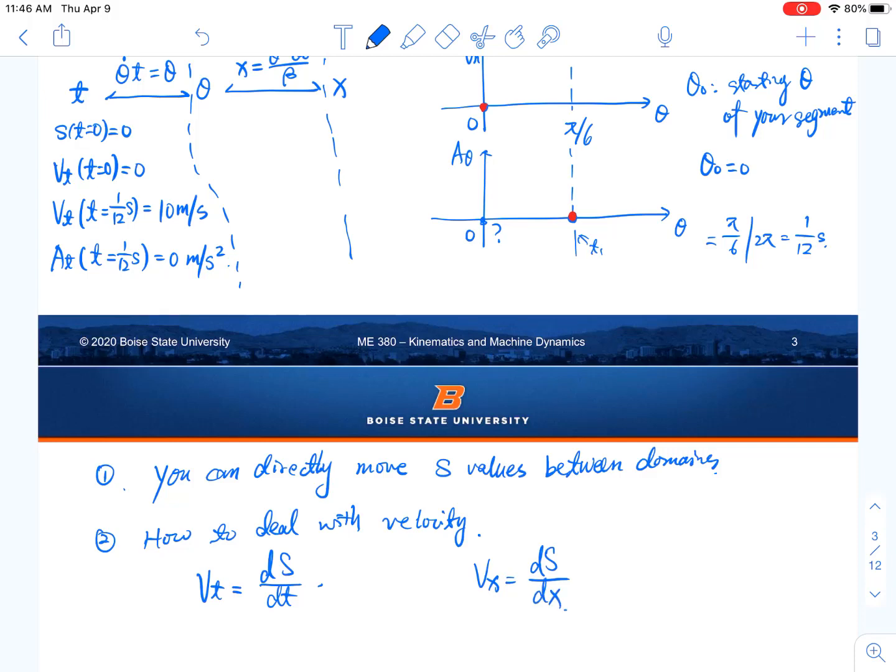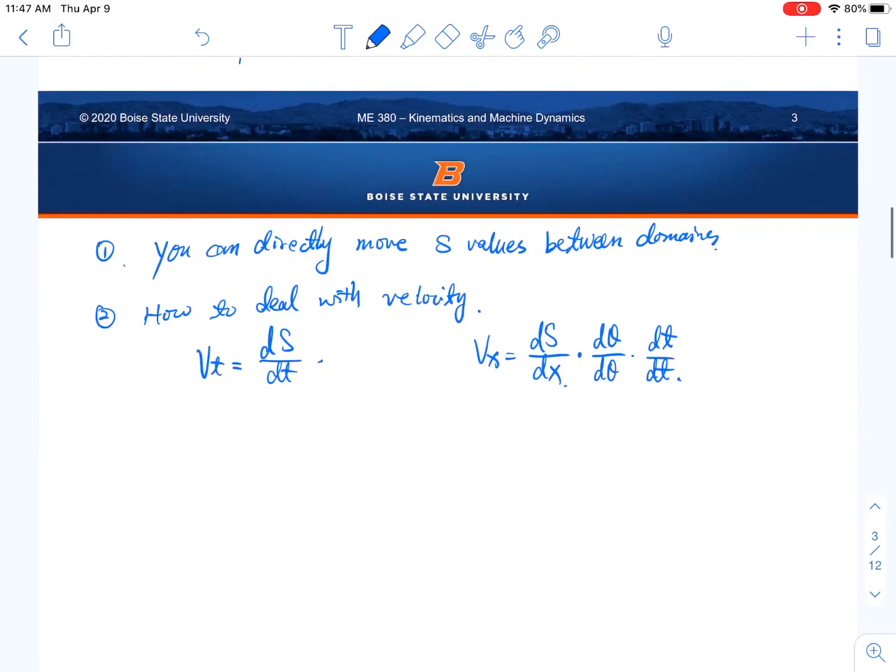Because, as I said, we have the same s in all the domains. So that's why your numerator should always have this s in it. And then how can we convert x to t? So what we're doing is you can apply chain rule, d theta dt. All right. So we're not making any difference. We just multiply two redundant components to the equation.